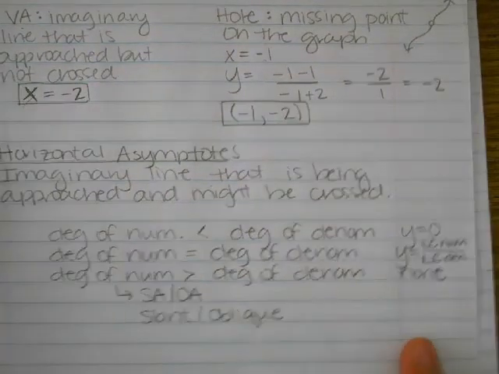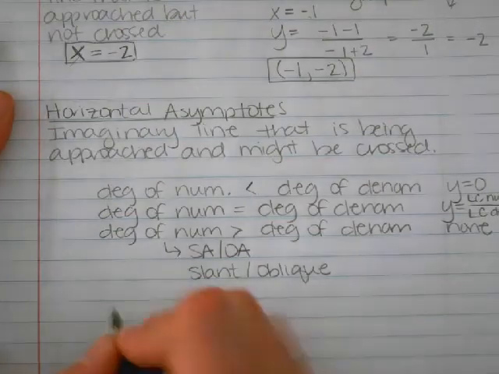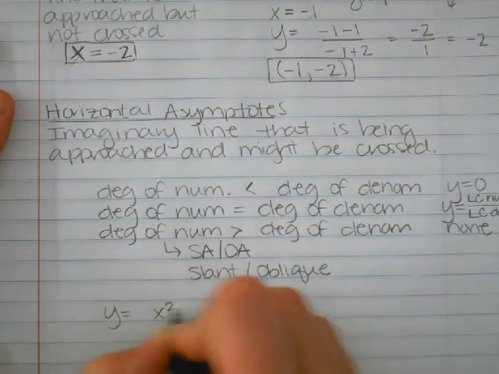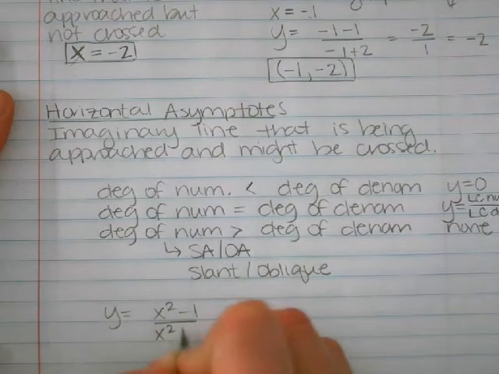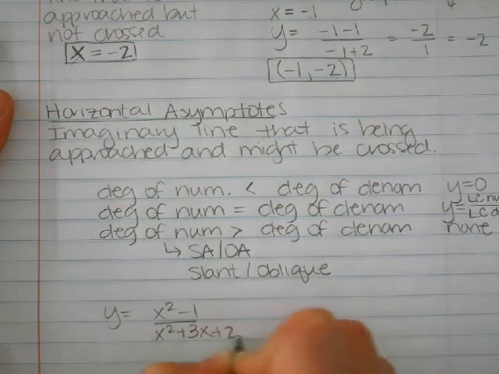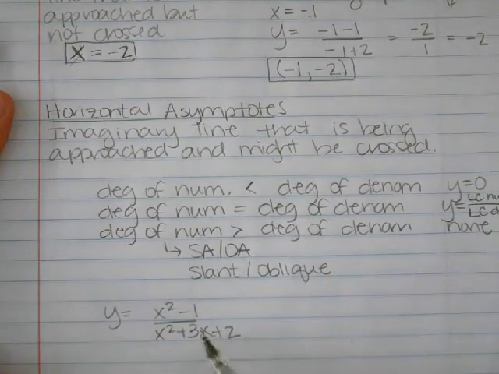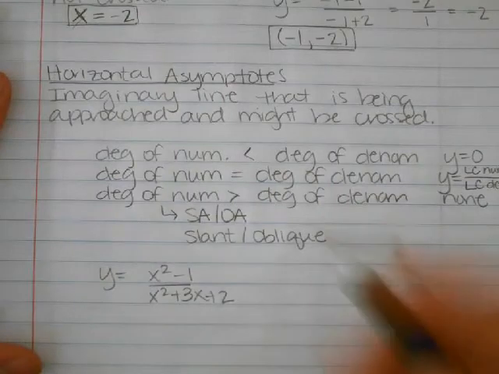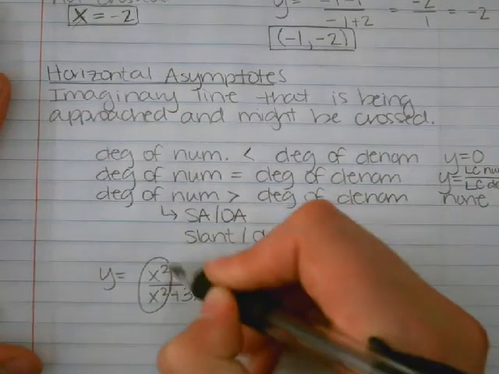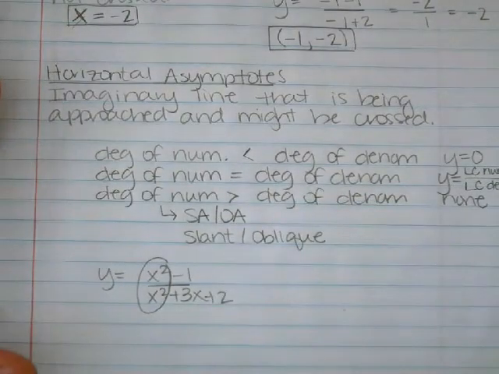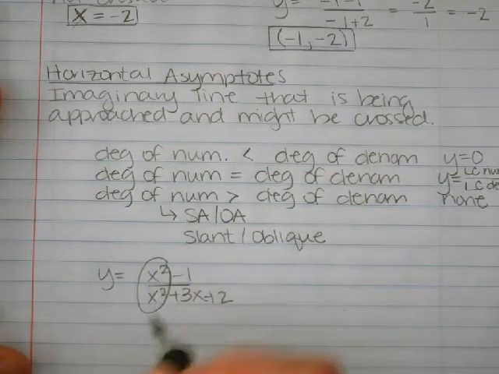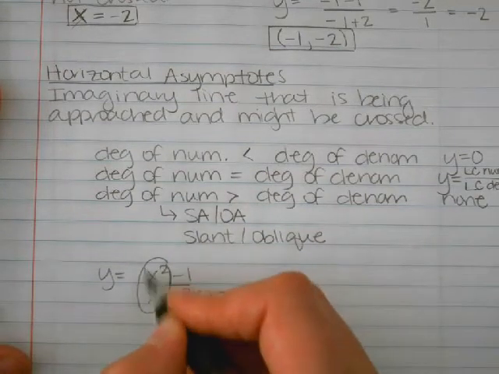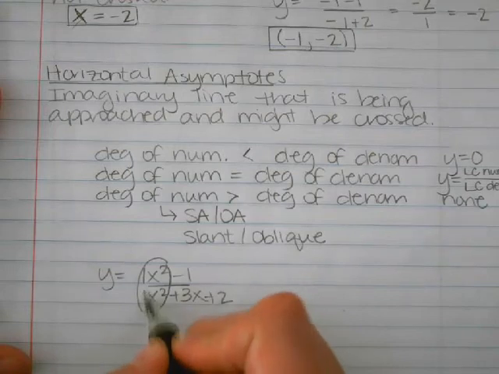So in the equation that we're talking about, we have y equals x squared minus 1 over x squared plus 3x plus 2. When we look at this, we're not going to look at any part of the equation except for those degrees and the coefficients that go with them. The number in front of an x squared that's all by itself would be a 1. The number in front of this is a 1.